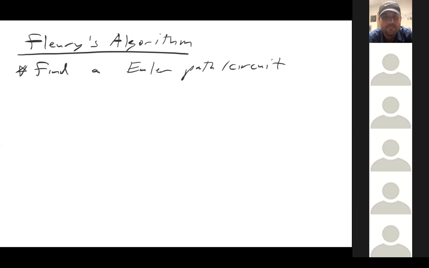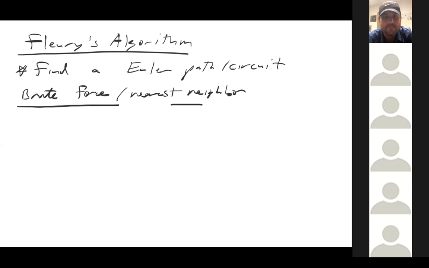Okay, what if I'm using the brute force or nearest neighbor? Both of these are trying to find the same thing. What are we trying to find there? We're trying to find a Hamilton circuit, aren't we?